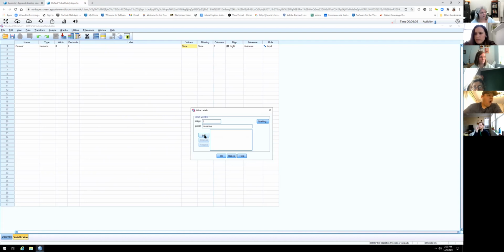So you would hit add, and if we say 0 is no crime, and we hit add, and then 1 is crime, and we hit add, then we hit OK. If you don't hit OK, it won't save.